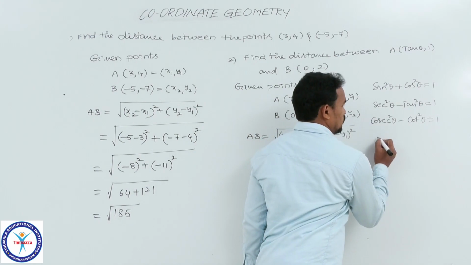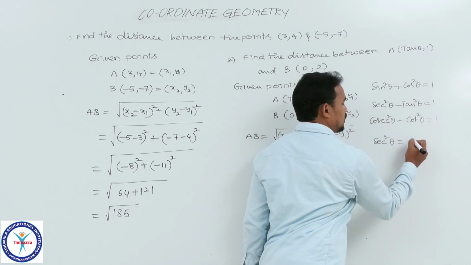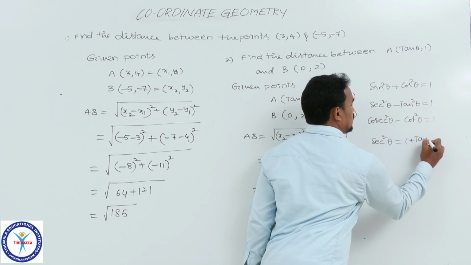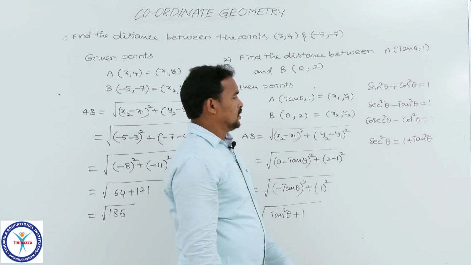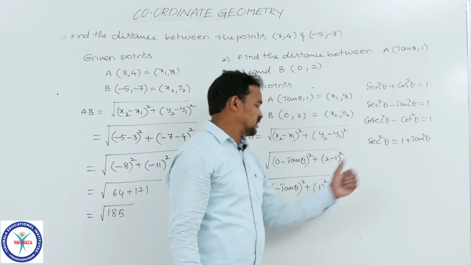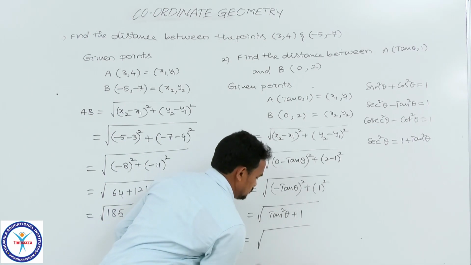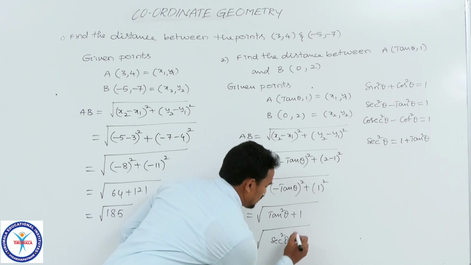From this, we want secant square theta. Secant square theta equals 1 plus tan square theta, taking minus tan square theta to the other side. From here onwards, anywhere you see 1 plus tan square theta, in that place we will write secant square theta. So that equals root over secant square theta.